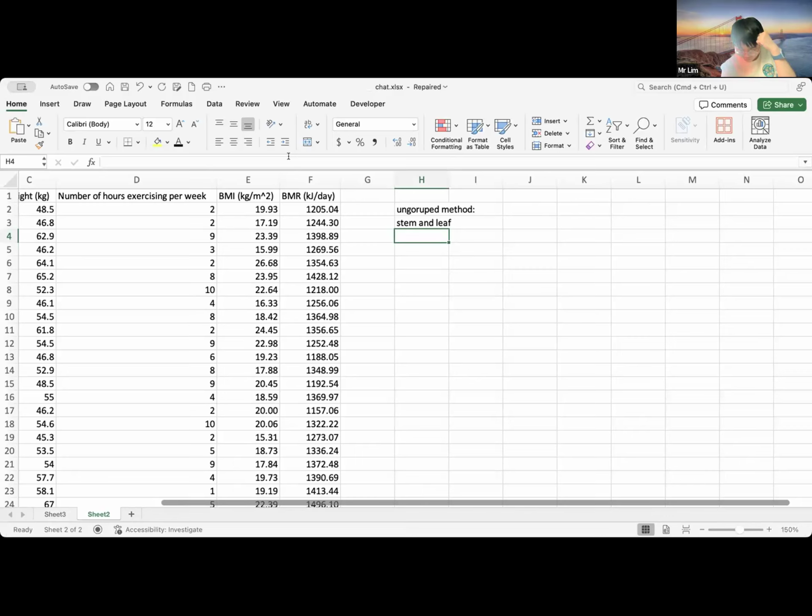Four different things. So stem and leaf is an ungrouped method. Box and whisker plot is also considered an ungrouped method.